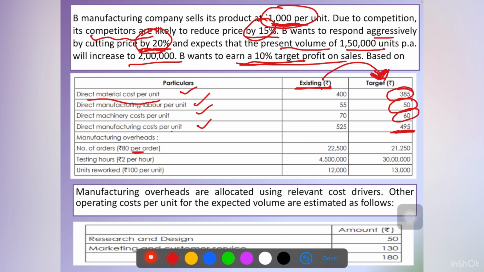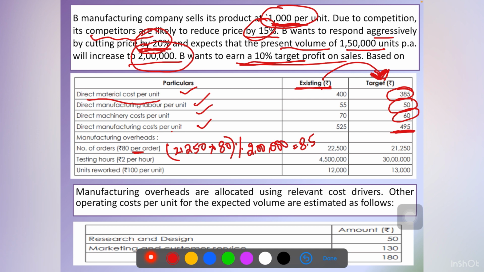What is the quantity? That is 21,250 into how many orders? 80 per order, divided by the number of units that we want to produce, that is 2 lakh units. So we are going to divide it by 2 lakh units to get the per unit order cost, right? So this comes out to be 8.5.